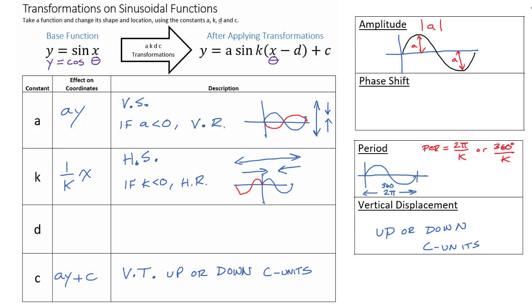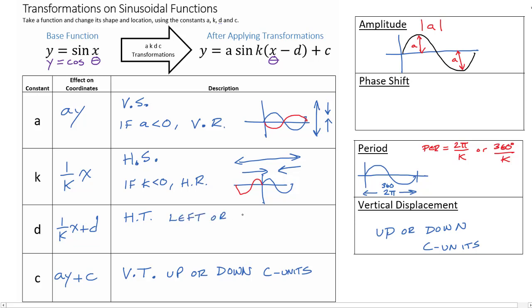And finally, let's talk about d. If you recall from our many transformations this year, right, we take what we did to the x coordinates, which is 1 over k times x, and then we just add d to them, right? So that is a horizontal translation, which means we're moving it to the left or right, right? Horizontal translation, left or right.